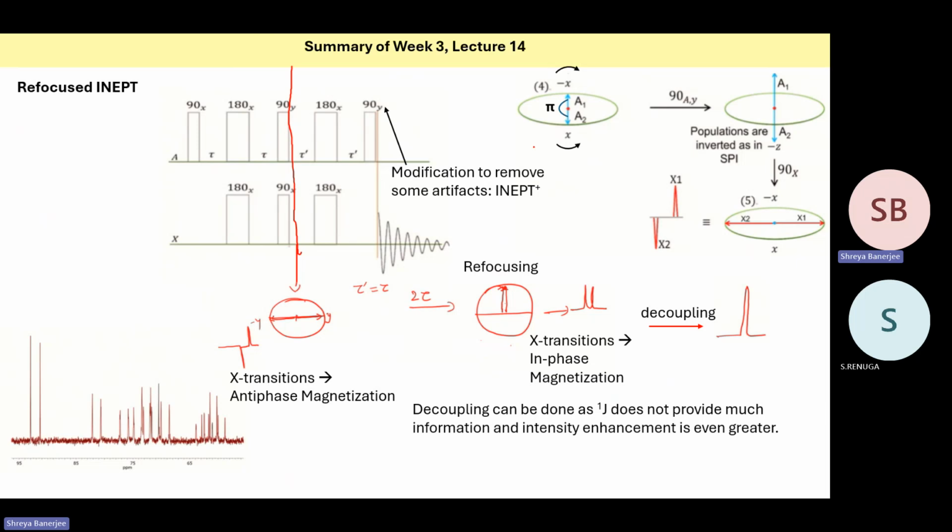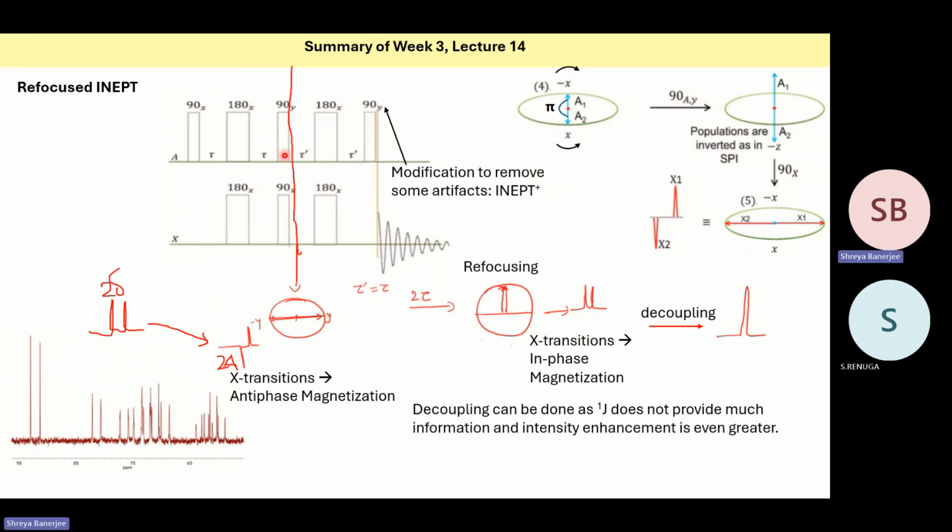What is this extra portion doing? Imagine at the end of the INEPT experiment, the X transitions, X1 and X2, were appearing like this, one in the negative and one in the positive, and the intensity has increased. Here it was only 2 small delta for both. Here it is 2 capital delta. So you have increased the intensity.